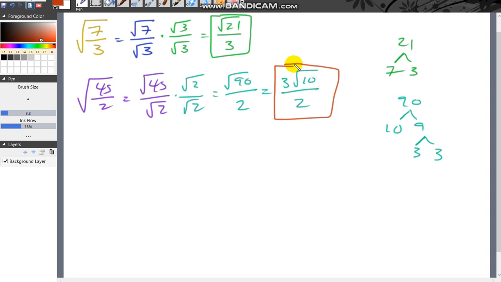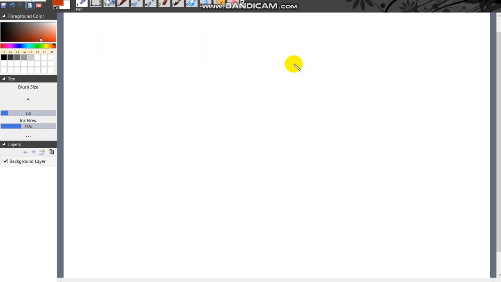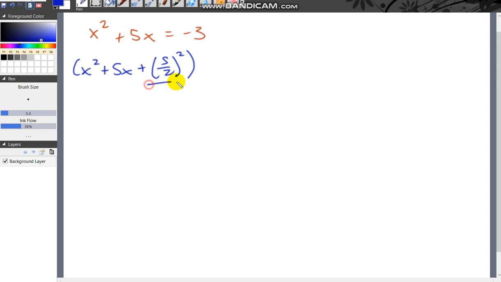Okay, I'm going to show you just a few more examples of how this connects to the completing the square examples that we've done previously. x squared plus 5x equals negative 3. So this is basically x squared plus 5x. Then if you take the b term, b divided by 2, and square it, this would be 5 over 2 squared, if we're completing the square.